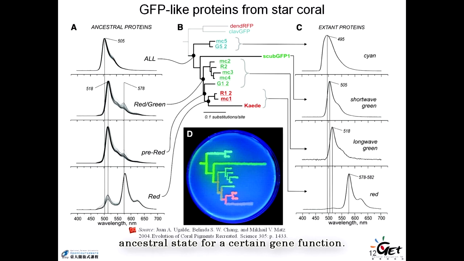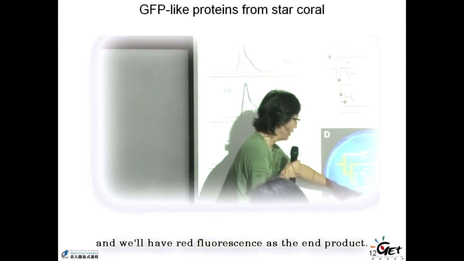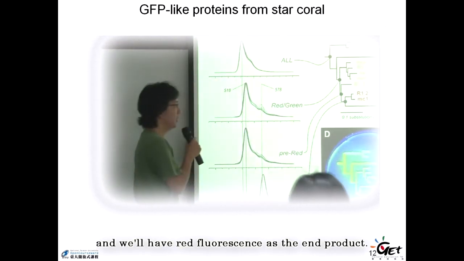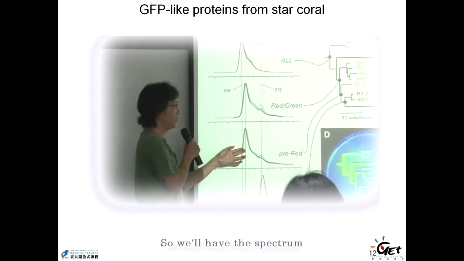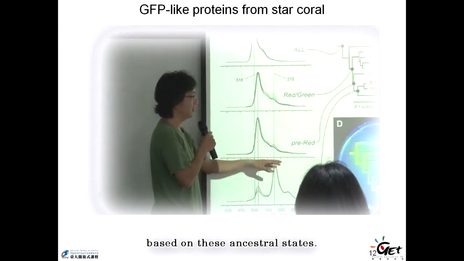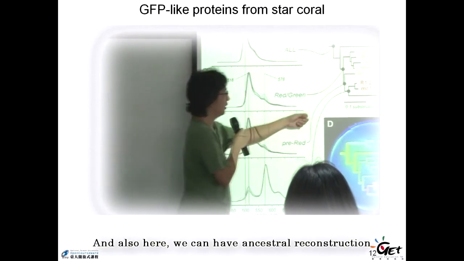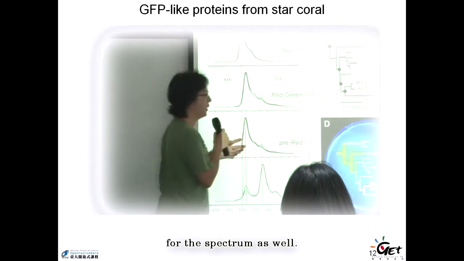state for a certain gene function. So for example, right here, we'll have a red fluorescence as an end product. And so we'll have the spectrum based on this ancestral state. And also here we can have ancestral reconstruction for the spectrum as well.